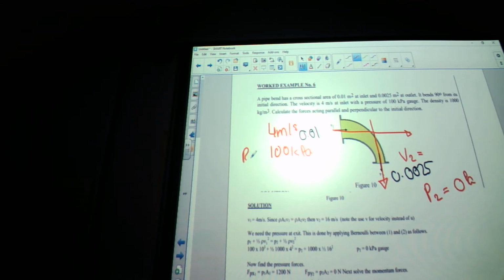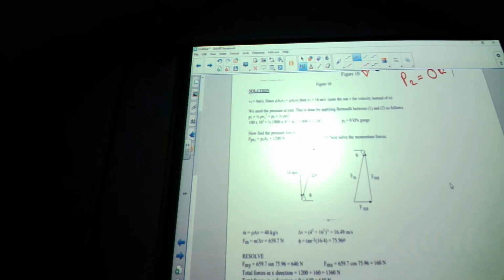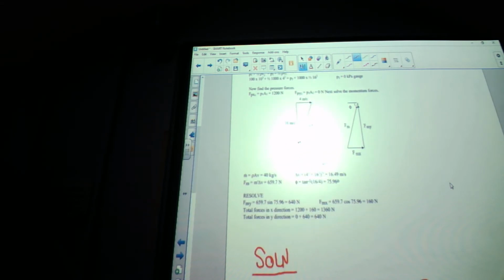P1 is given, but P2 is 0 Pascal because it's going to atmosphere. For the pressure we could use Bernoulli's equation, but I already know the pressure is 0 Pascal, so in that case I don't have to use Bernoulli's equation at all. There is no need to use that one.